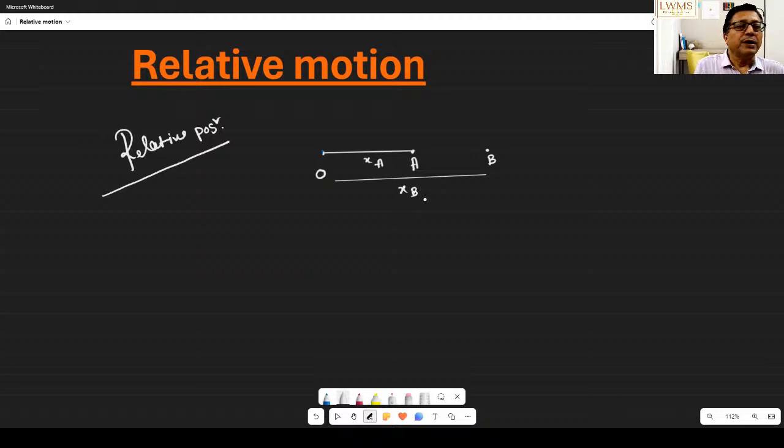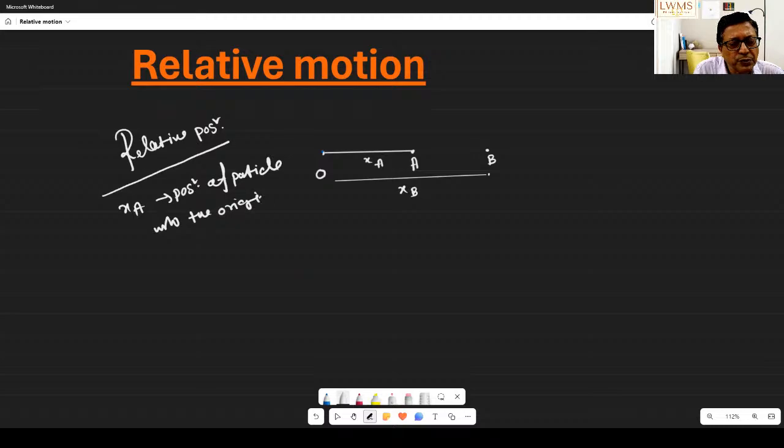This xa is the relative position of the particle A with respect to the origin. xa is the position of particle A with respect to the origin.